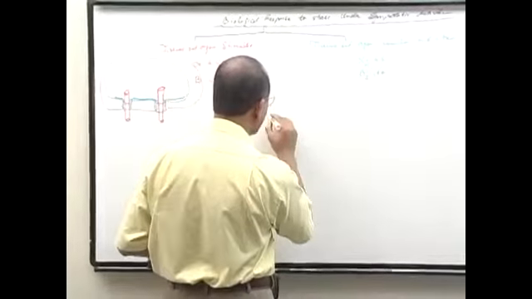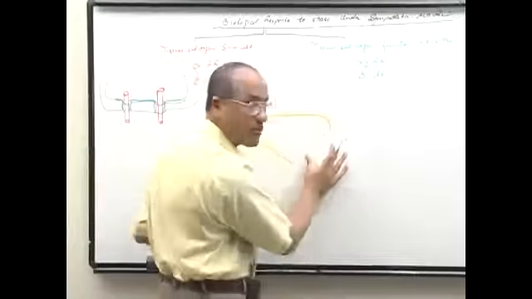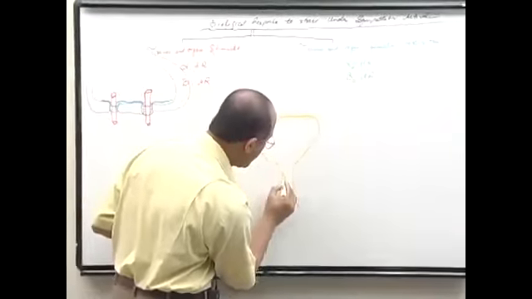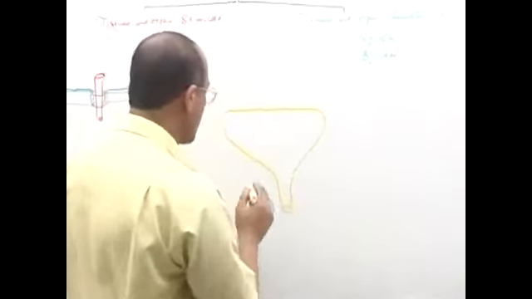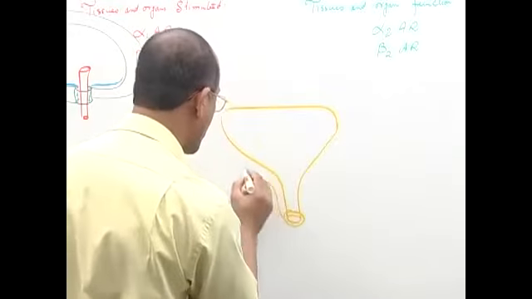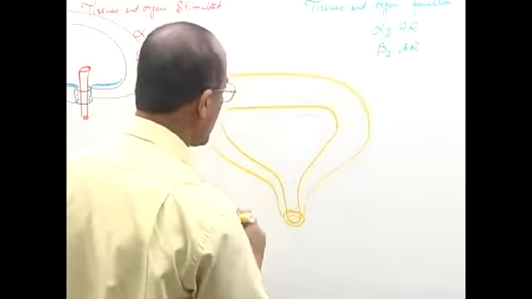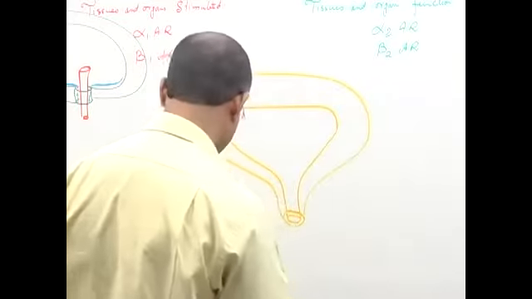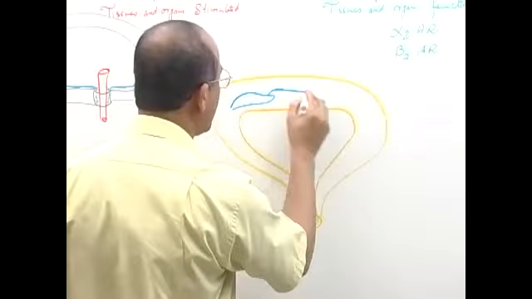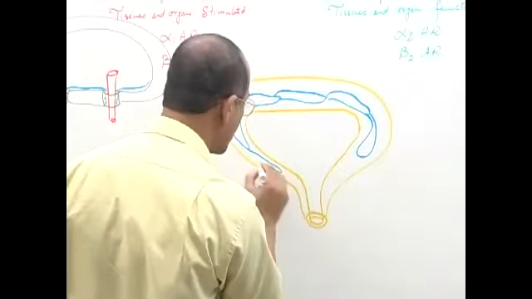Now we have to make a urinary bladder, right? And now, in the urinary bladder, there are muscles here. These muscles of the urinary bladder are called detrusor. Do you know that or not? Detrusor.